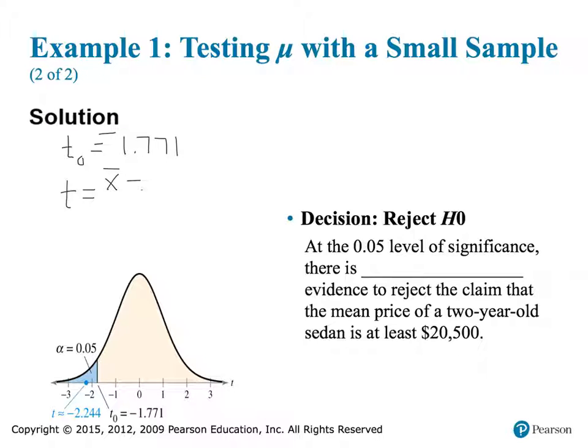Remember, it's x bar minus mu over the standard error, s over root n. Okay? So in our case, our x bar was 19,850. Our claimed mu was 20,500.